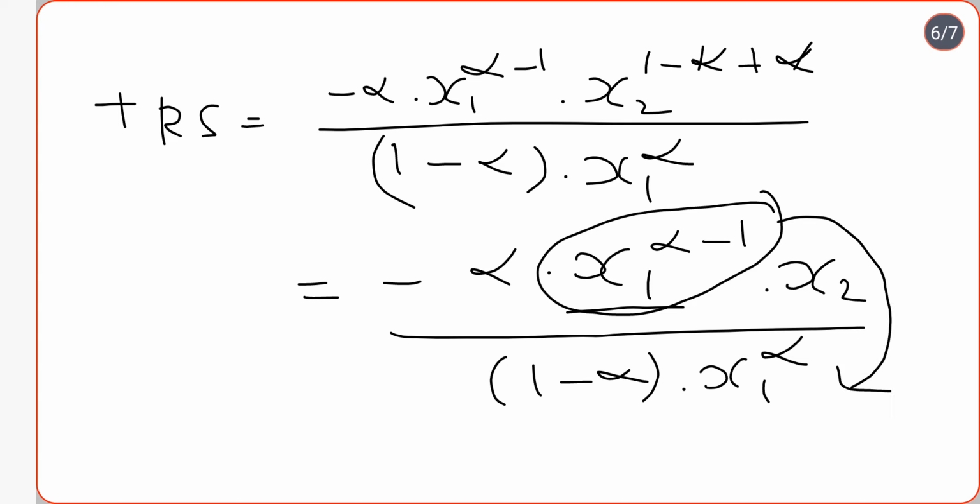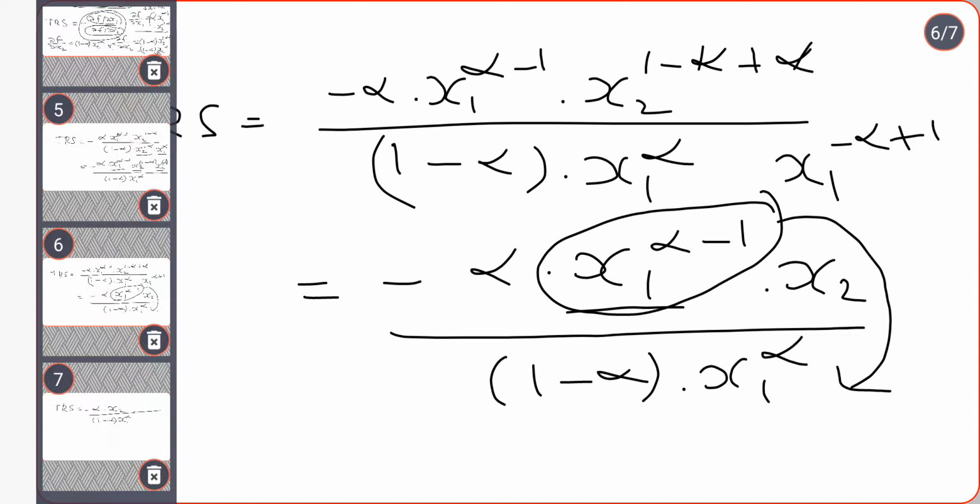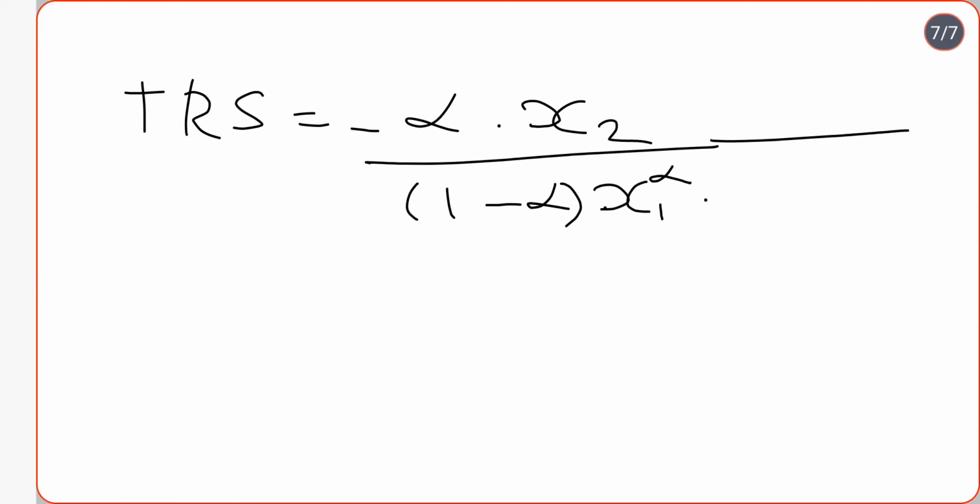So now it will become x1 to the power minus alpha plus 1, because as it is coming to the denominator, it will take the form of minus in the power. Now it is becoming x1 to the power minus alpha plus 1.